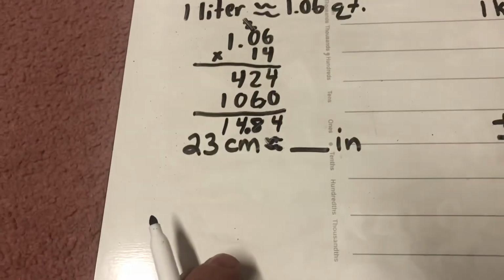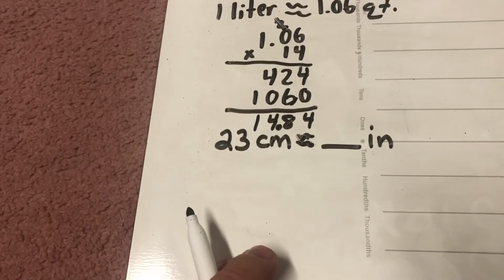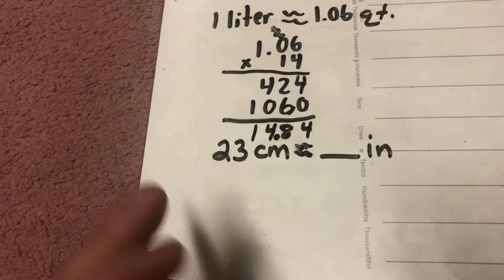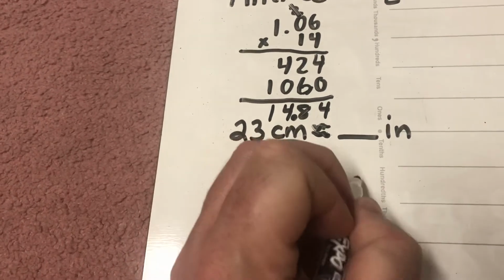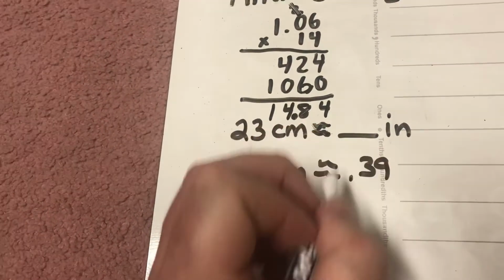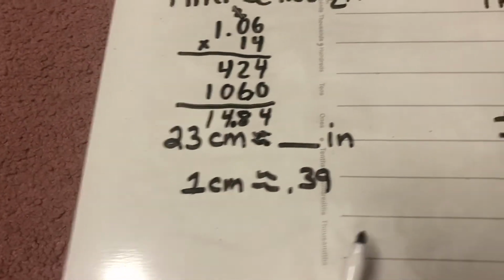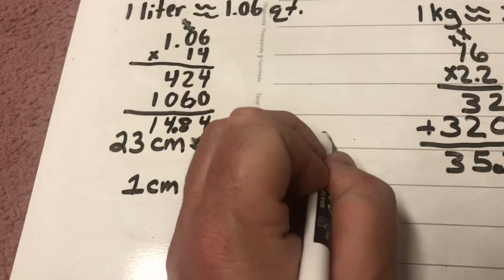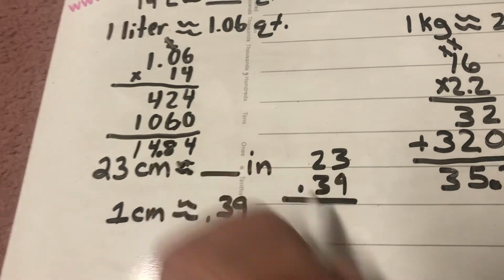So I go to my conversion chart and I find that 1 centimeter is about 39 hundredths of an inch. But I have 23 centimeters. So that tells me that I've got to do 23 times 39 hundredths. I'm going to come over here, 23 times 39 hundredths.